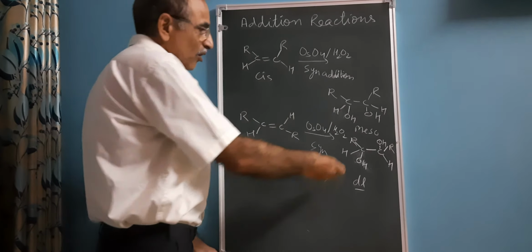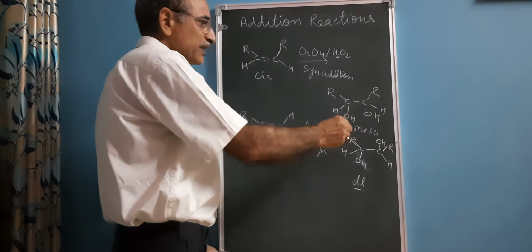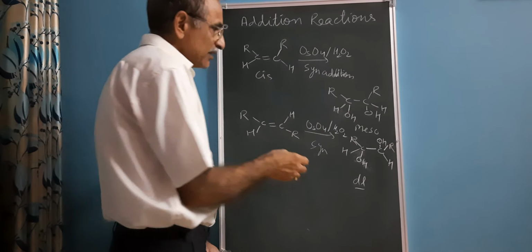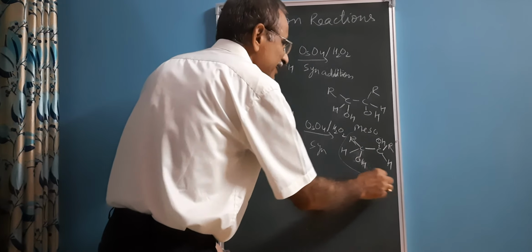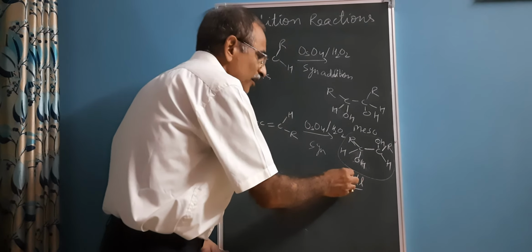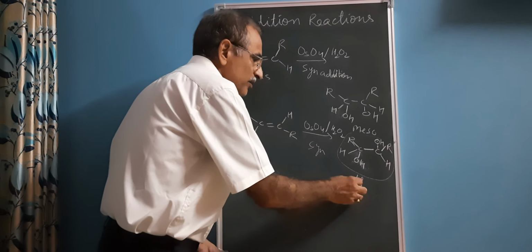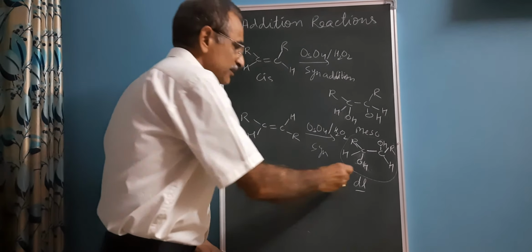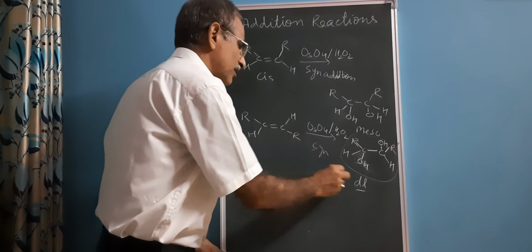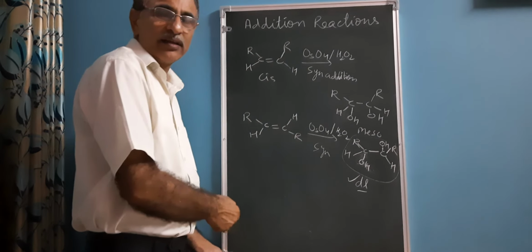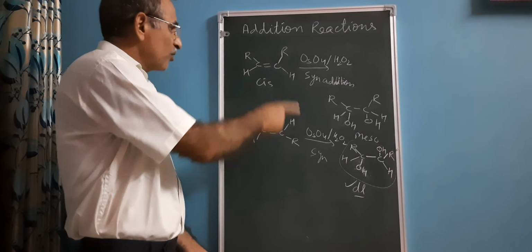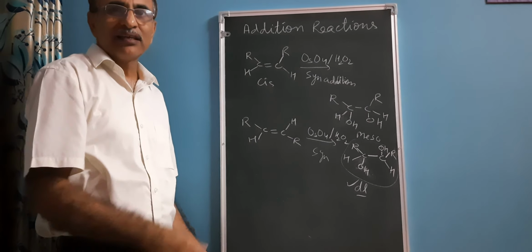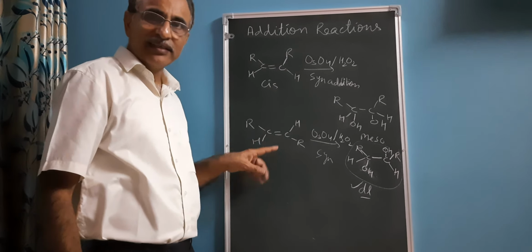Here at one carbon atom it is dextrorotatory and at the other carbon atom levorotatory, and that is why equal amounts of dextro and levorotatory compounds are formed. This is why there is formation of DL, a racemic mixture. This is how the addition of two OH groups in cis as well as in trans alkenes takes place.